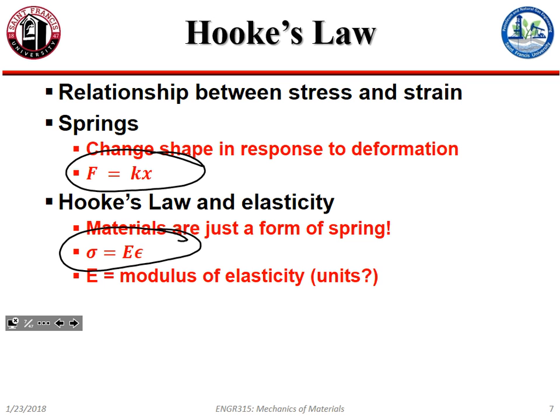Now, just looking at this, units of stress are force per area, right? Units of strain are length per length. What must the units of the modulus of elasticity be?